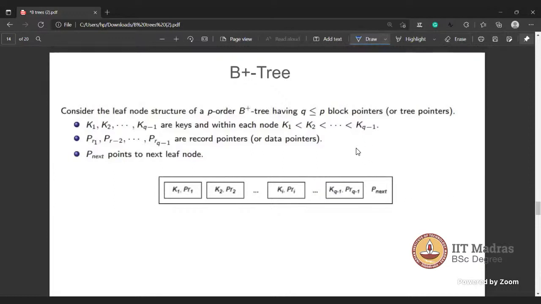So the leaf node consists like this. Key, and PR represents the record pointer. So in a B plus tree, the leaf node structure is key, record pointer, key, record pointer, and at the end of the node there is one block pointer that represents the pointer to the next leaf node, like this.